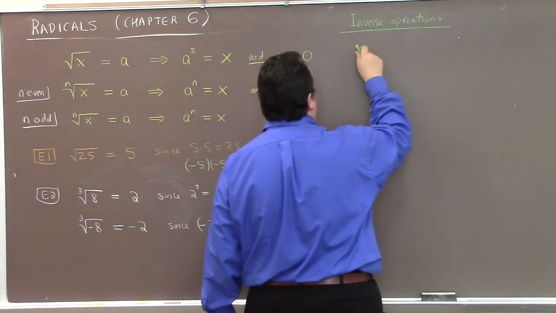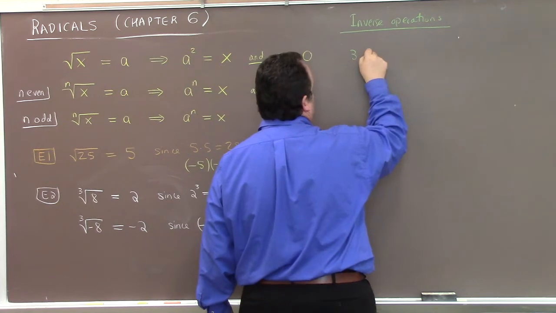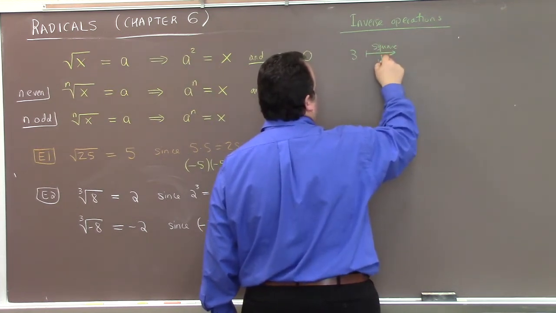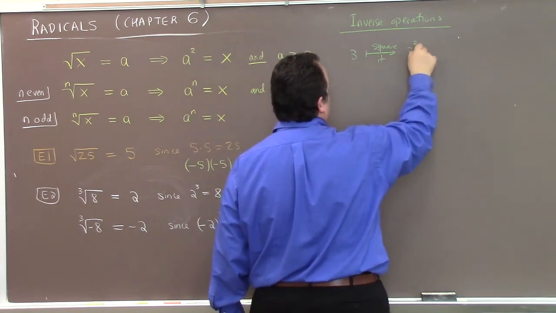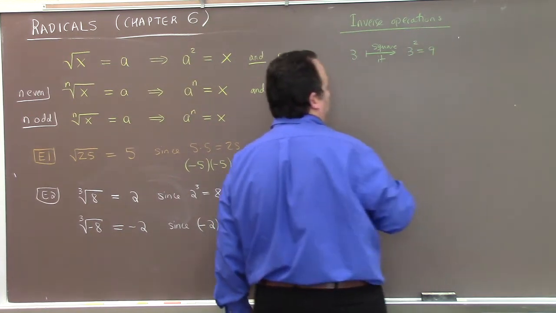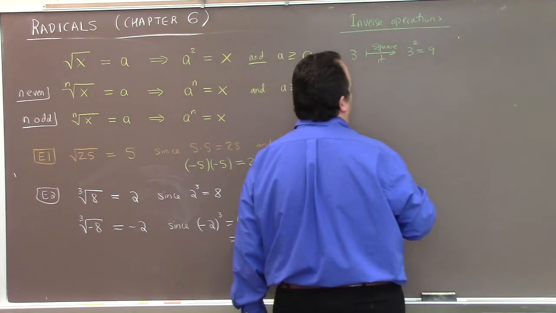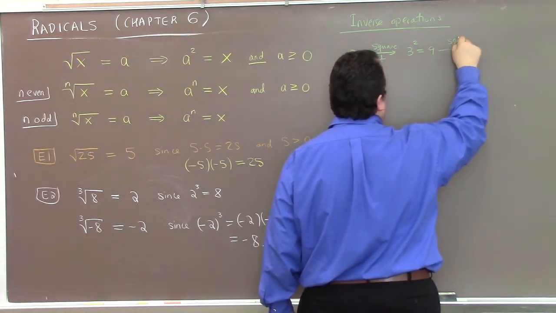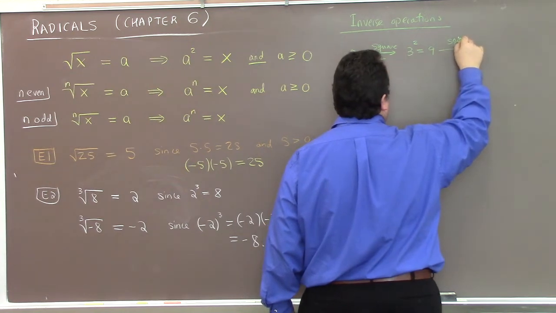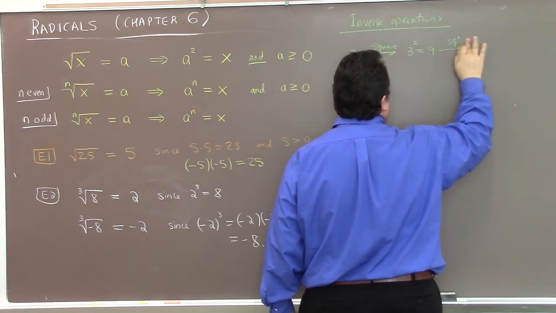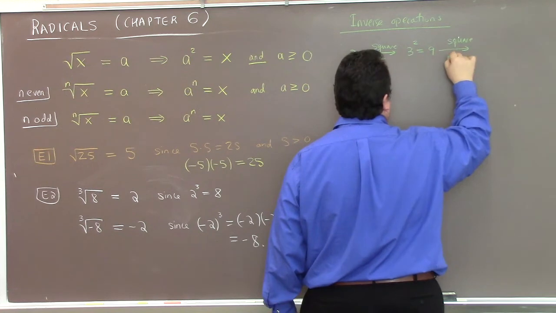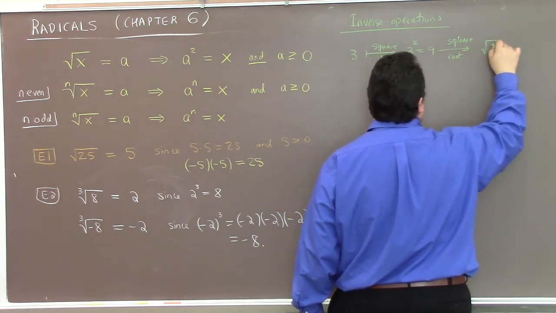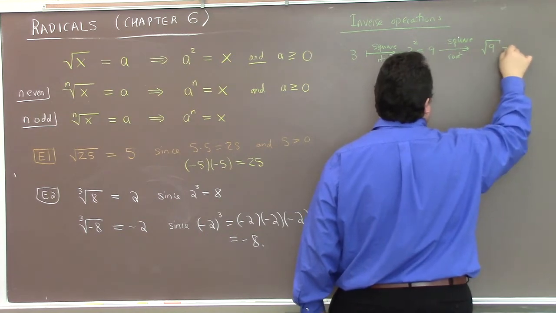Suppose we look at the number 3, right? We square it. What do we get? We get 3 squared, which is 9, right? And then take the square root. What's the square root of 9? It's 3, right?